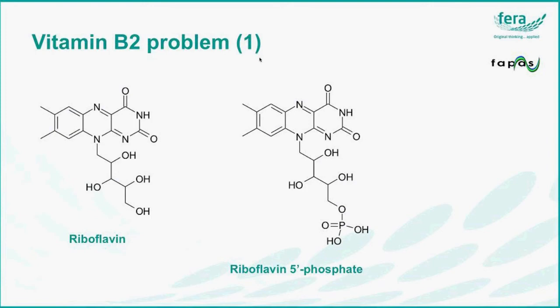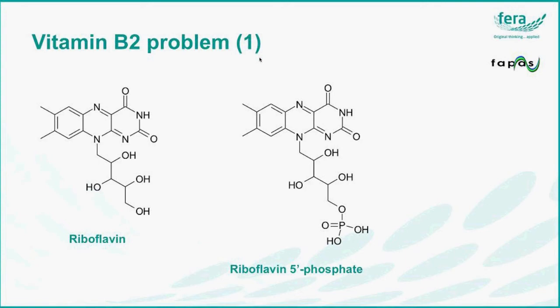Let's look at a couple of these examples in detail, starting with vitamin B2. In a liquid supplement, vitamin B2 cannot be its riboflavin compound. It has to be modified to be more soluble, and therefore it's present as riboflavin 5-phosphate.